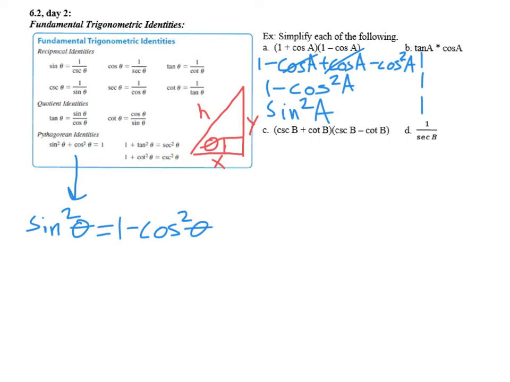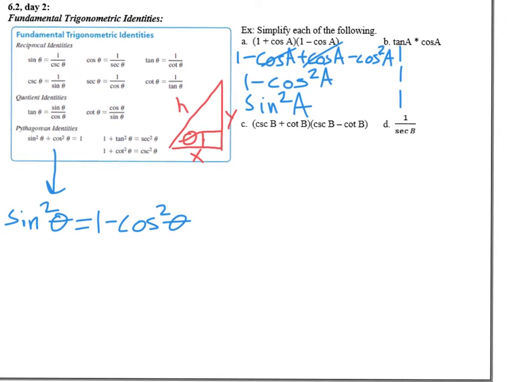Tangent times cosine. I'm going to bump things over just a little bit so we can have a little more room. Okay. Cosine, not much I can do with that. The only thing that really jumps out at me is with tangent, I could use a quotient and say, all right, tangent is sine of A over cosine.